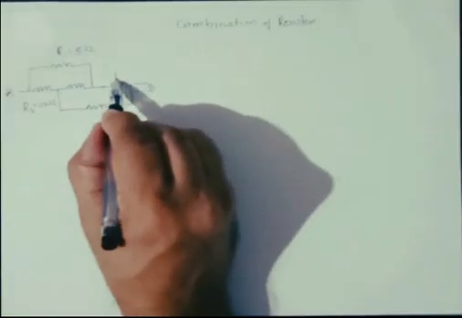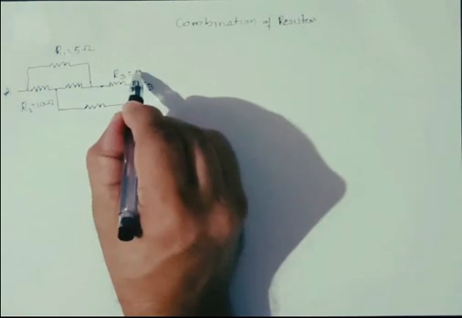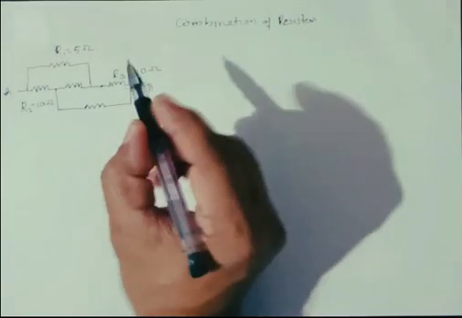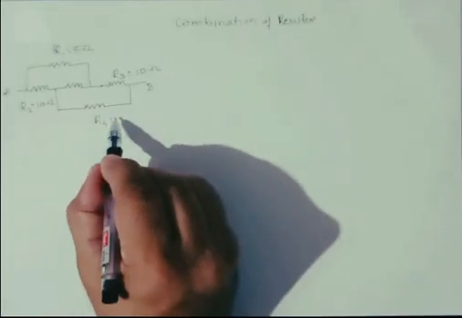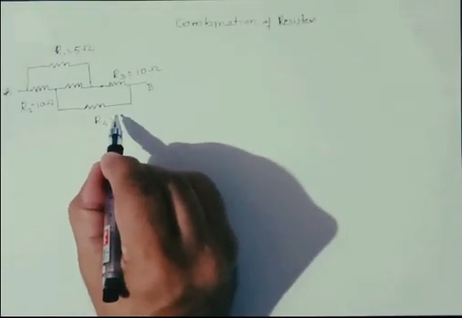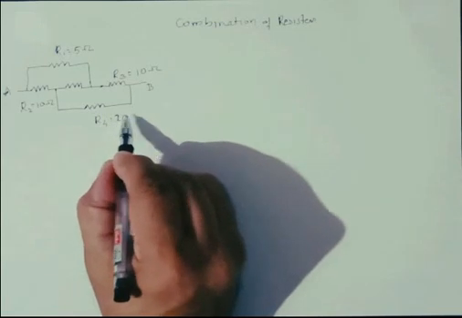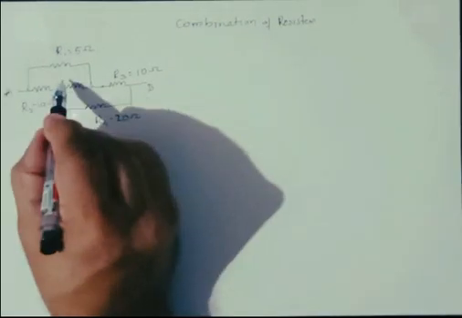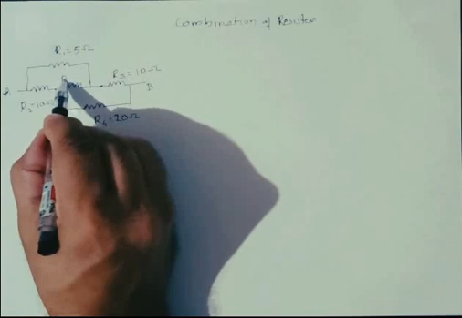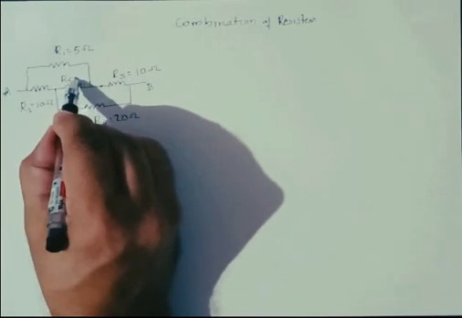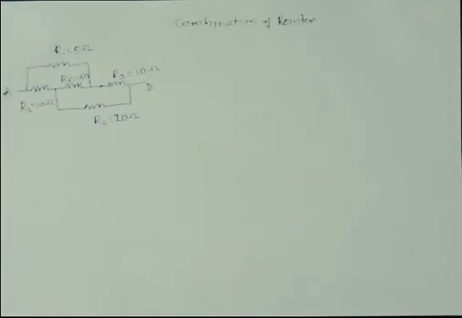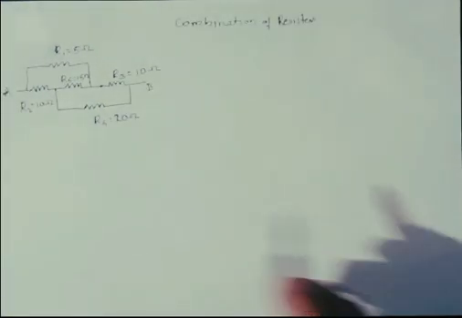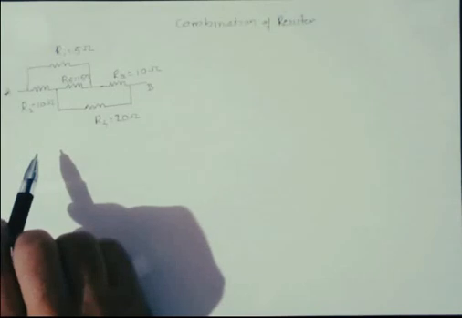Here we have R3, equal to 10 ohm, and R4, let's take it as 20 ohm, and this middle one, let us take it as R5, equal to 15 ohm. Now we need to find the effective resistance between the points A and B.